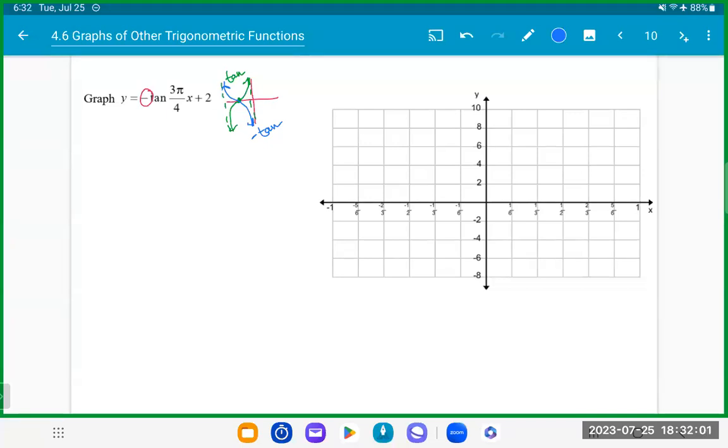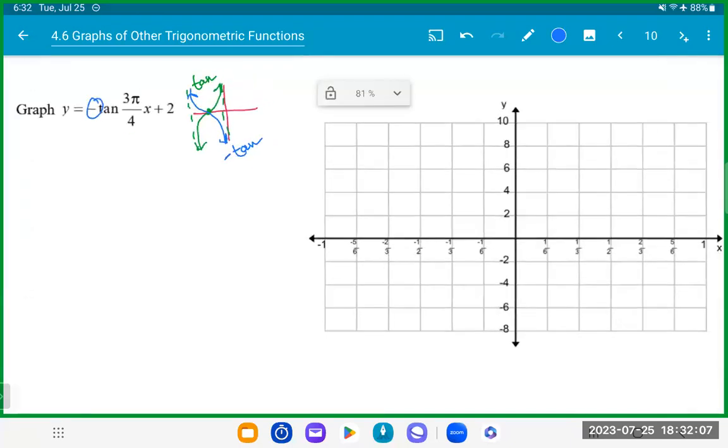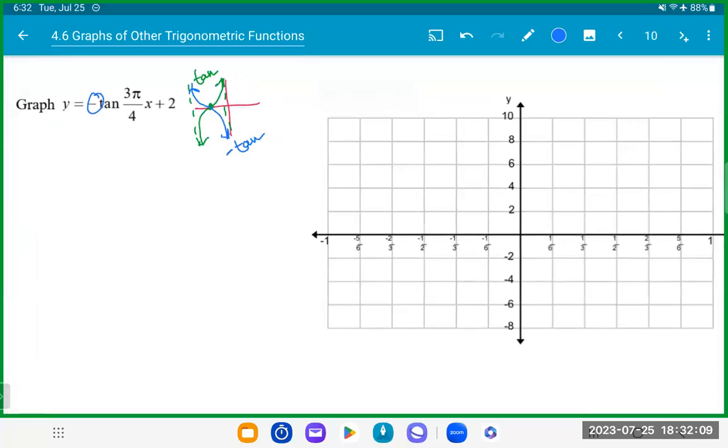Okay. So I'm pointing out this is negative. So let's take negative pi over 2 is less than this piece here. This is an increase, right? This is telling me I'm going to shift my graph up 2.